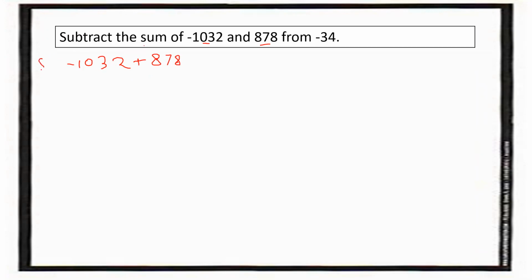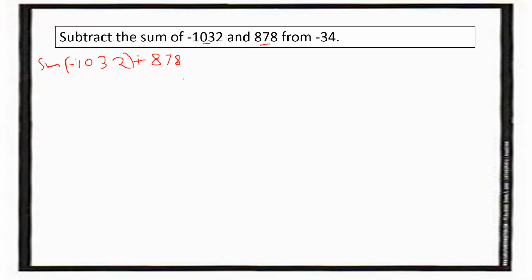Okay. First of all, we are finding the sum. So in this case, you don't have to change the signs. You just simply have to subtract. Okay. Hold on for a second.